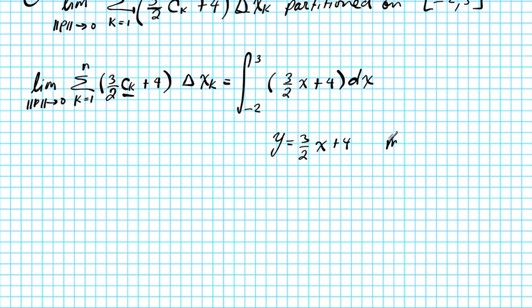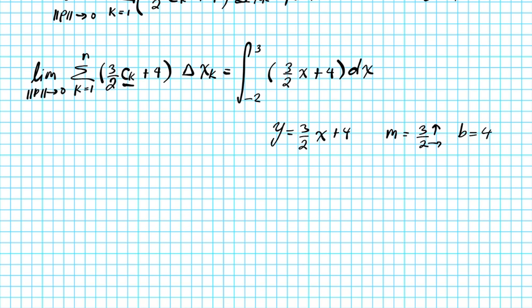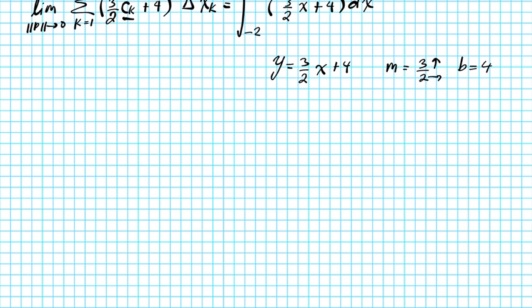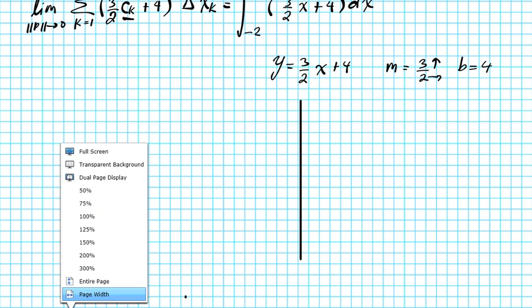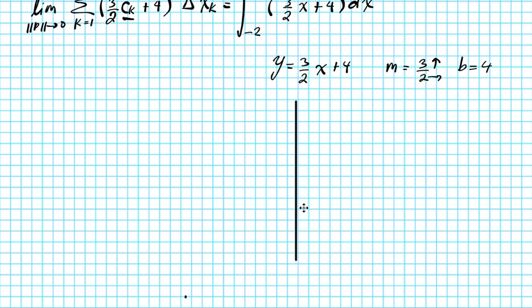The slope is 3 over 2, so we rise 3 and run 2, starting from the y-intercept of 4. Let's draw what this curve looks like, and then we'll determine the appropriate geometric formula to evaluate the area under the curve. So there goes my y-axis. Let me put it in the center, and then draw the x-axis.